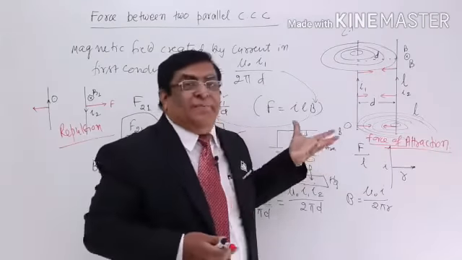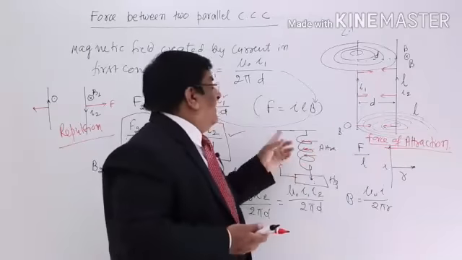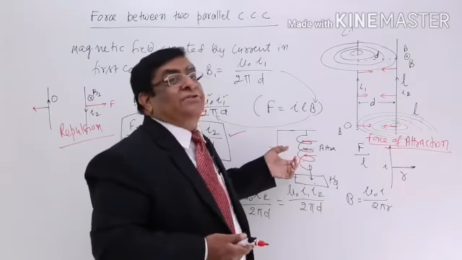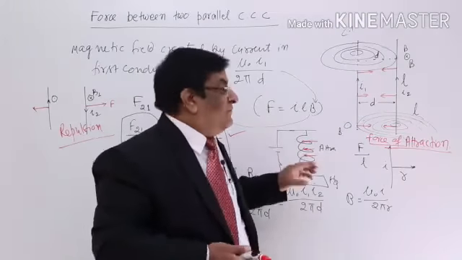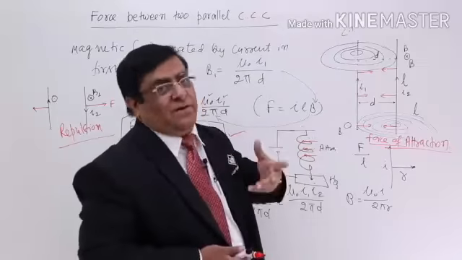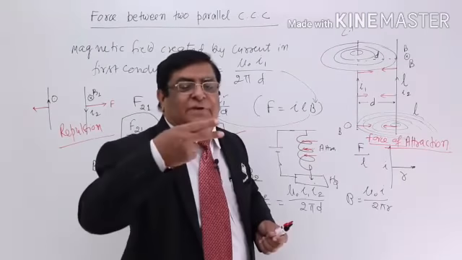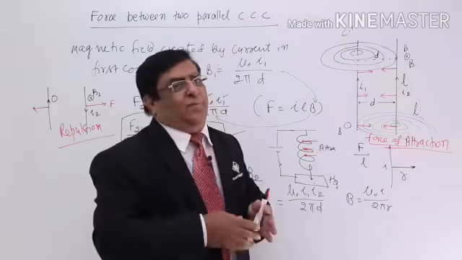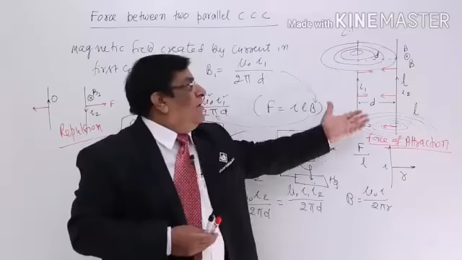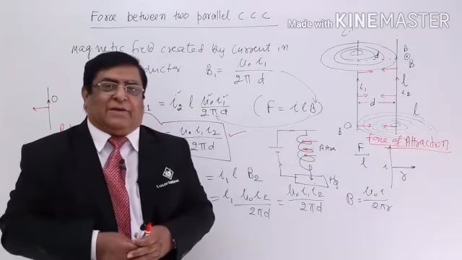This question may be asked you in many different forms. What will happen in this state? Why it should shrink? What will happen to this, whether shrink or it will extend, all those things. So you have to see whether it is same direction or in opposite direction. So this is all about parallel current carrying conductors.